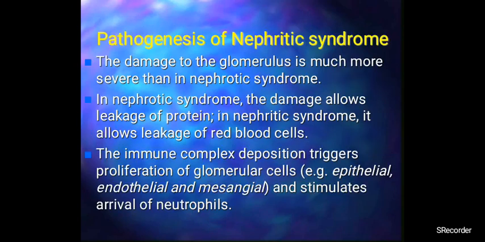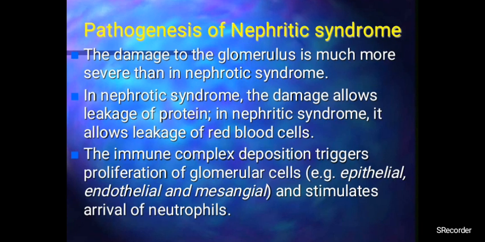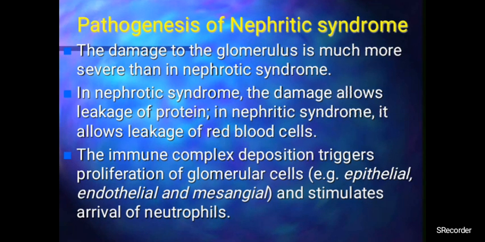In our second slide, we shall be looking at the pathogenesis of nephritic syndrome. The main thing is that there is damage of the glomerulus, and here it is much more severe than in the nephrotic syndrome. In nephrotic syndrome, the damage allows leakage of proteins, but in nephritic syndrome, it allows leakage of even large molecules, like even red blood cells.